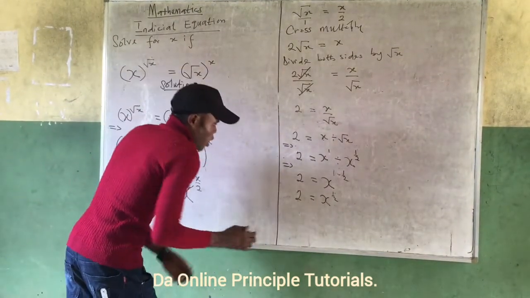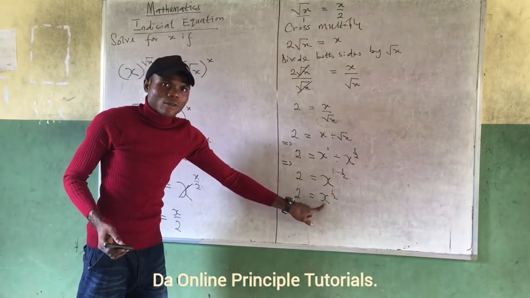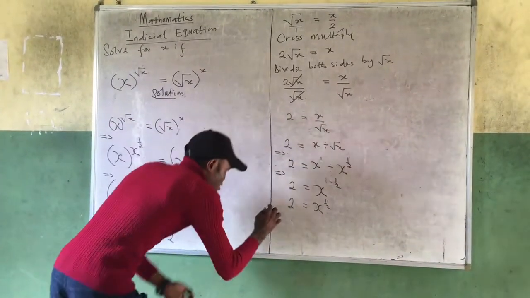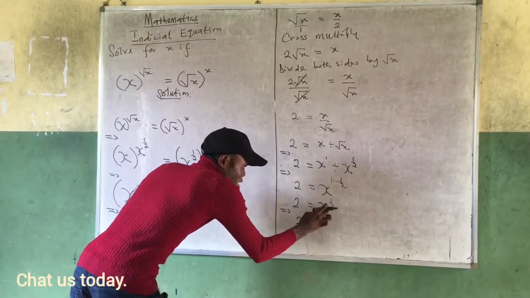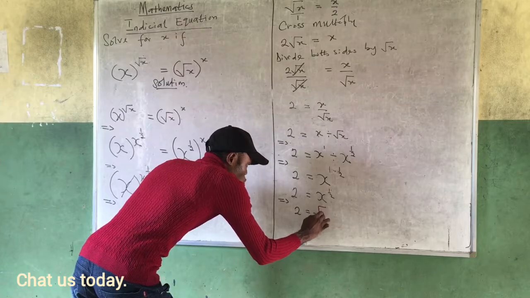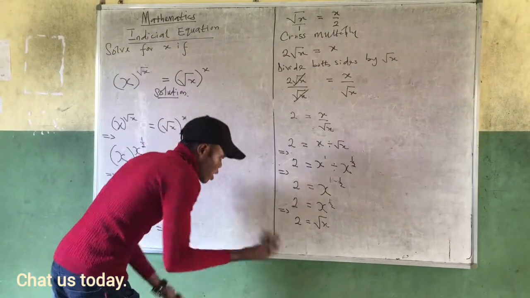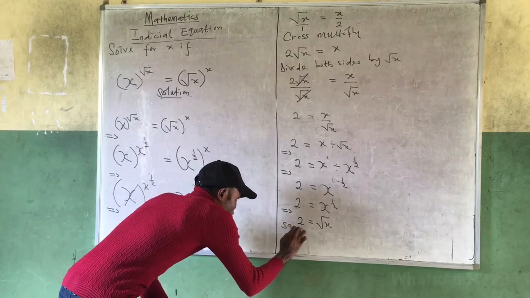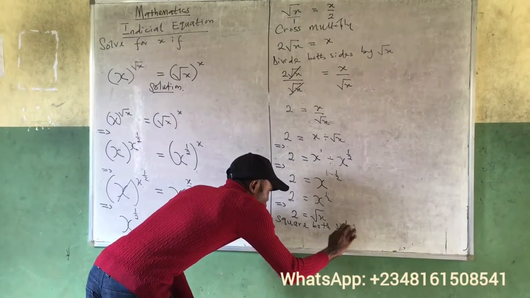So how do we remove this 1 over 2 so that we have x alone? Let us write this as 2 equals root x. So I need to remove this root. How do I achieve that? I will square both sides.